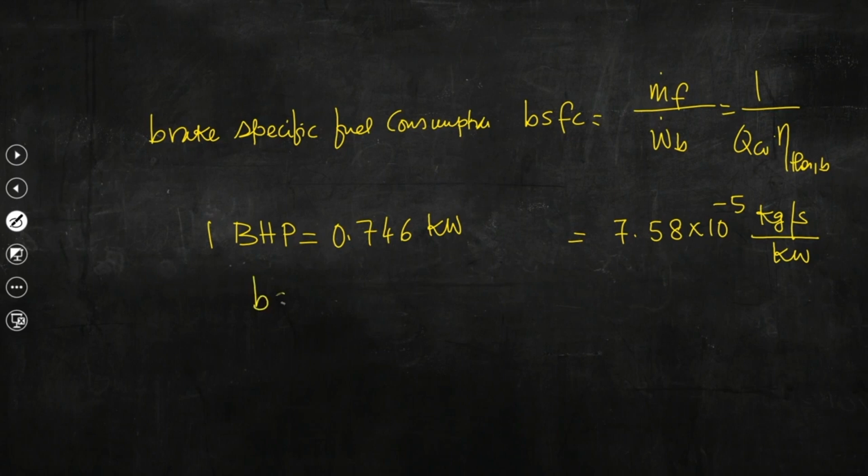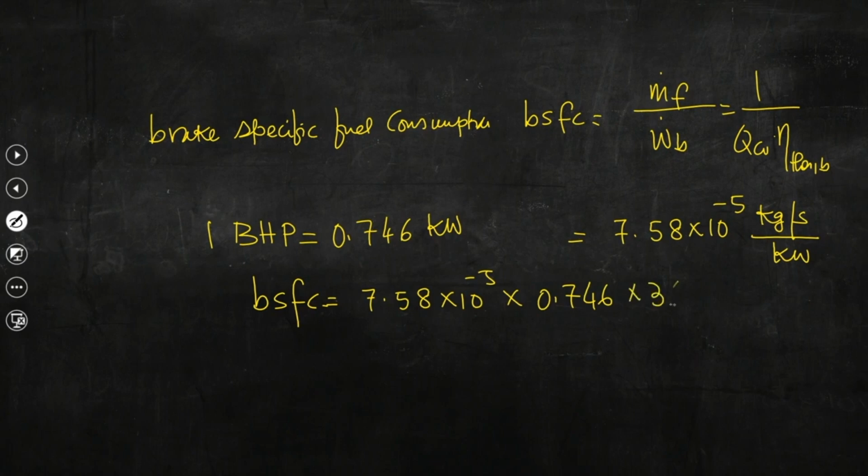So, I can write this BFC will be equal to 7.58 into 10 power minus 5 into 0.746, that is the bhp, and then multiplied by 3600.